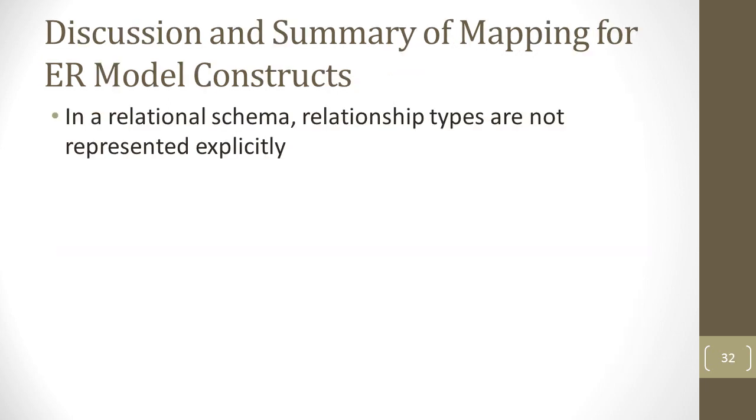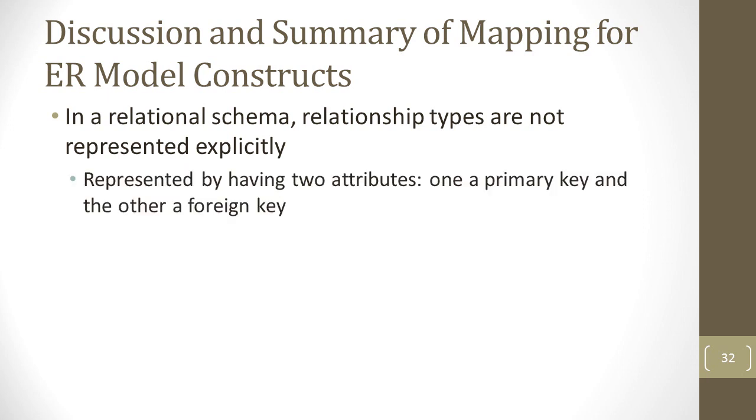So just be aware, in a relational schema, relationship types are not represented explicitly. So it doesn't really show up quite the same as it does on an ER diagram. We don't have a relation. We had a diamond for a relationship. In this case, these relationships are represented through primary and foreign keys.